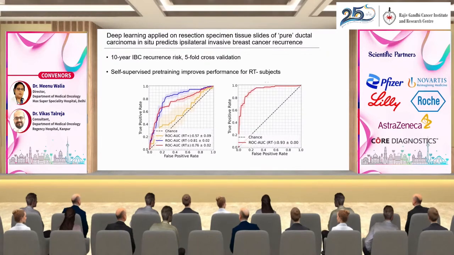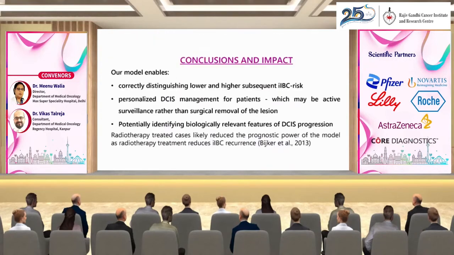Correctly distinguishing lower and higher subsequent ipsilateral IBC risk personalizes DCIS management for patients, where active surveillance rather than surgical removal of the lesion may be possible, potentially identifying biologically relevant features of DCIS progression. They excluded radiotherapy-treated cases as they are likely to reduce the prognostic power of the model, as radiotherapy treatment reduces ipsilateral IBC recurrence.